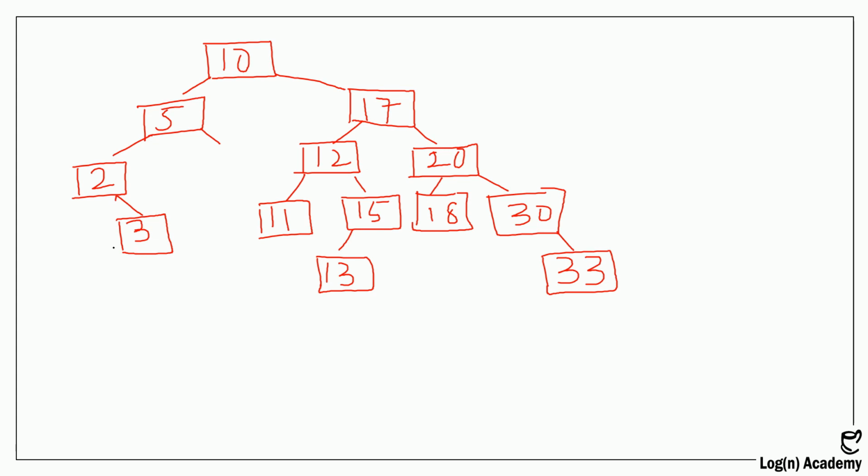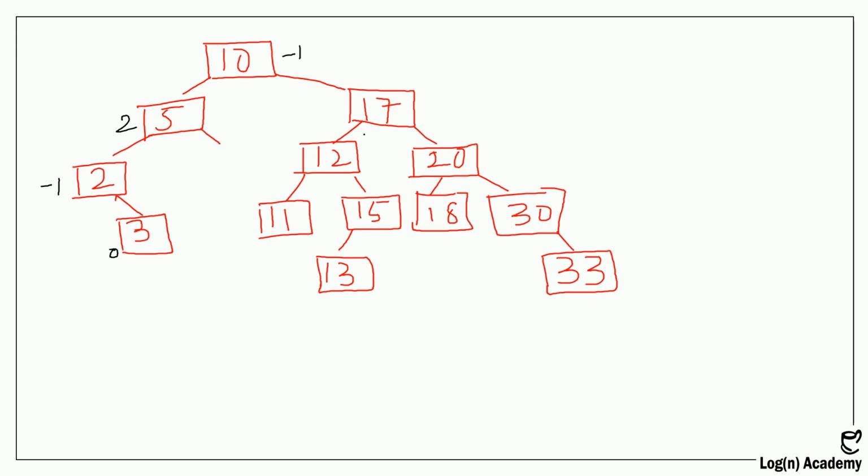The balance factor of 3 is 0. The balance factor of 2 is -1. The balance factor of 5 is 2 minus 0, which is 2. The balance factor of 10 is 3 minus 4, which is -1.